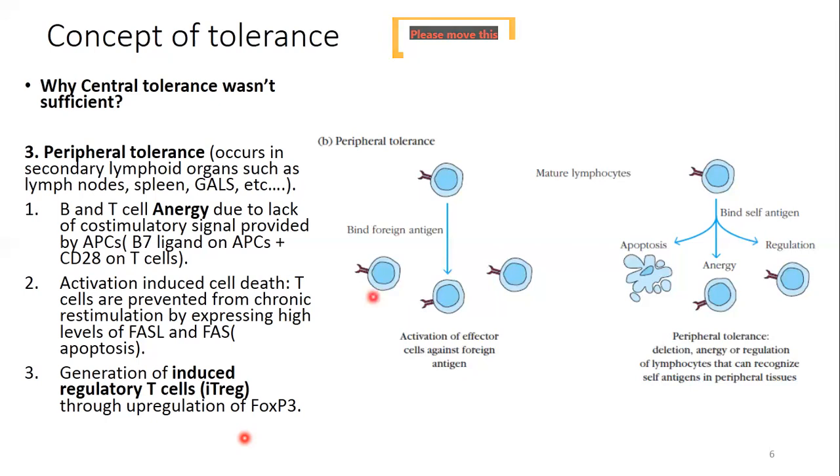In the periphery, some of the autoreactive cells should die when they are activated, some become anergic, remaining unresponsive to the same antigen, and some become induced regulatory T cells.